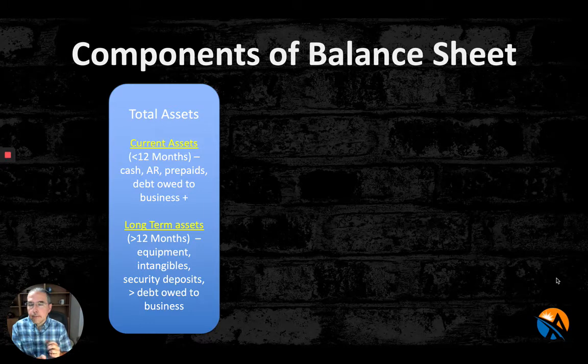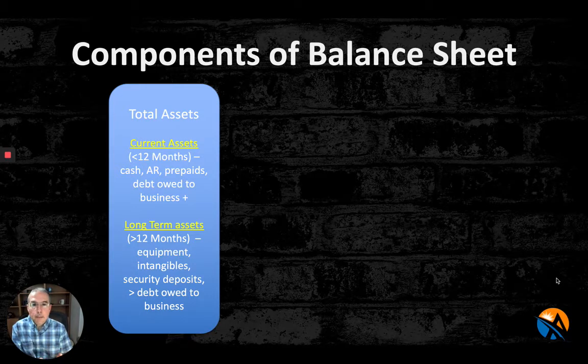Think of cash, that's already cash. But think of inventory. I'm going to sell that inventory within a year. That would be a current asset. A receivable, where customers owe you money. They're generally going to pay you within a very short period of time, and hopefully that's less than 1 year. So that would be your current assets.